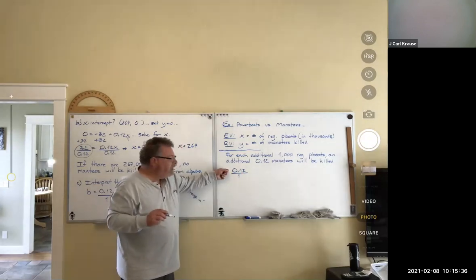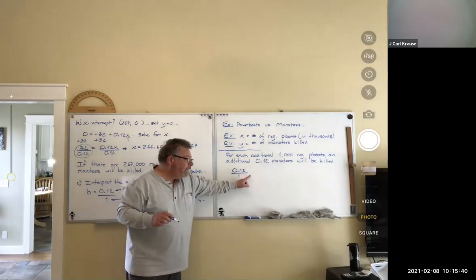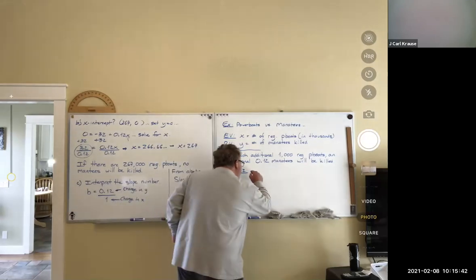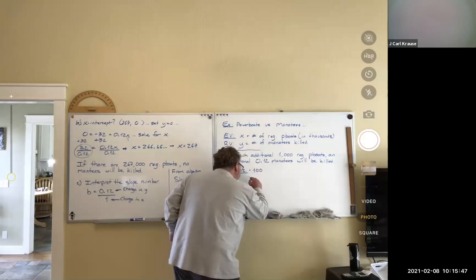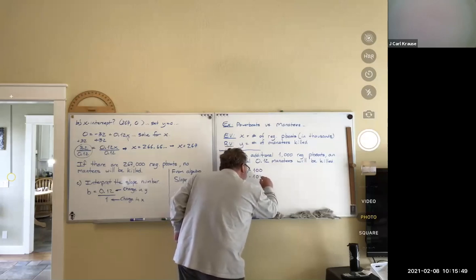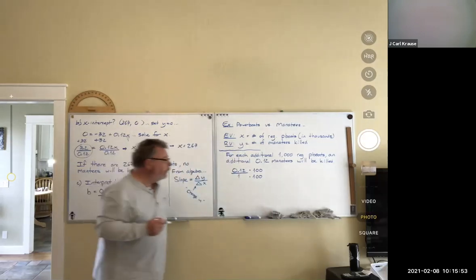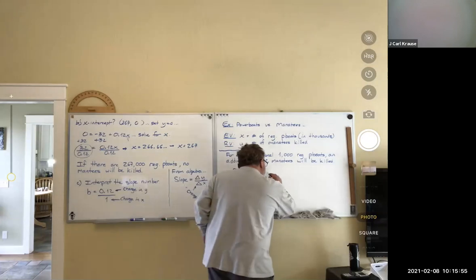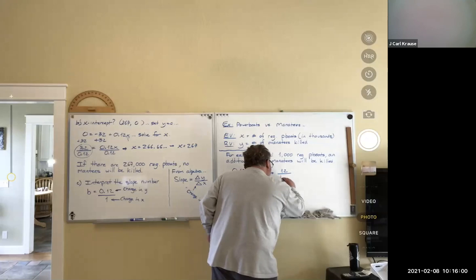But if I multiply it by 100, it'll move that decimal point 2 places to the right. So I'm going to try this and see if it'll work. I think it will. I'm going to take this fraction and multiply top and bottom by 100. That will turn this into 12 over 100.